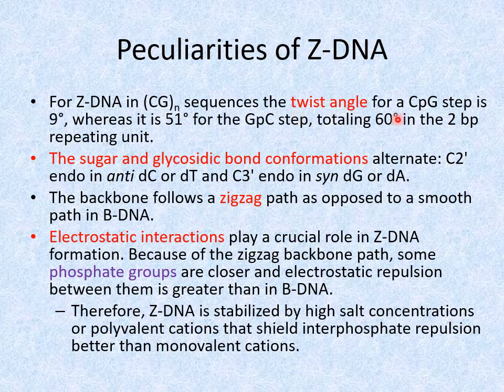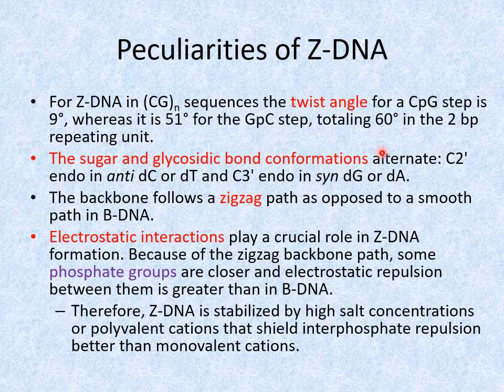So the twist angle is 9° between cytosine phosphate guanine, whereas if the order is reversed, that is, we always talk from 5' to 3', so if it is guanine phosphate cytosine step, then it is 51°.